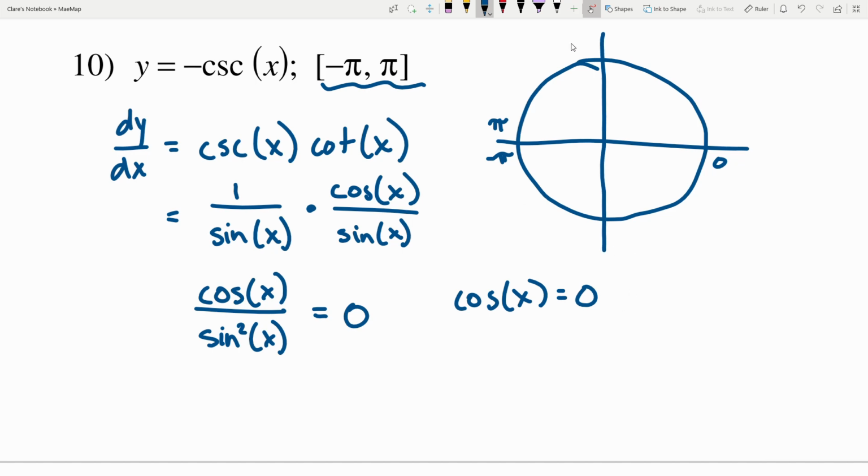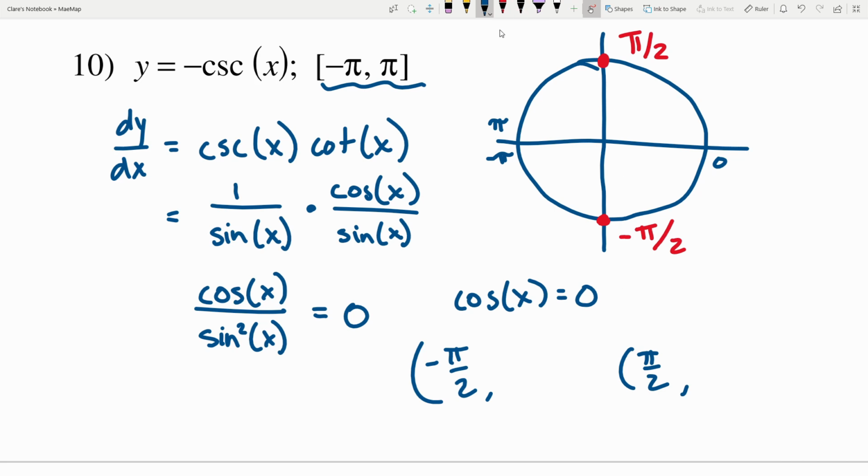That occurs at these 2 points here and here: pi over 2, and if we're swinging back the negative direction, or clockwise, negative pi over 2. So negative pi over 2 and pi over 2 are when the cosine of x is equal to 0. So we have two separate points. We have negative pi over 2 and we have a positive pi over 2 for our x values. So when x is equal to either of those, our derivative is 0.